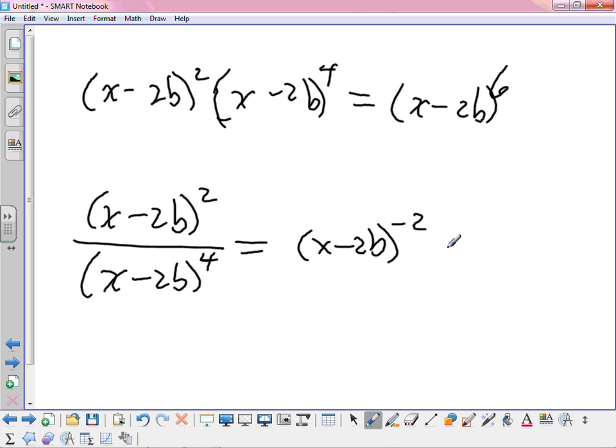That's a good simplified answer, or, if you prefer, positive exponents and write this as the reciprocal, that's fine, either way. Because when you look at the textbook, they may prefer one way over the other, so you just have to deal with that.